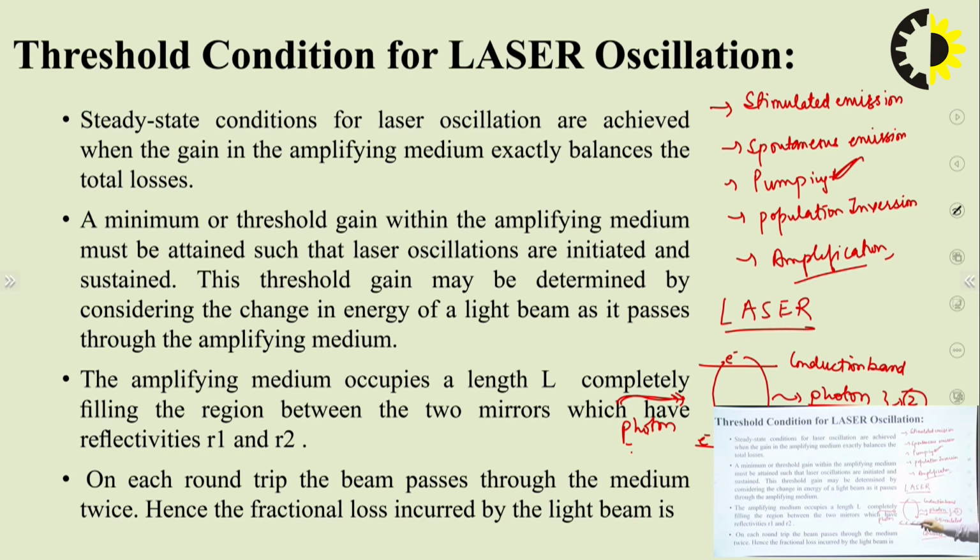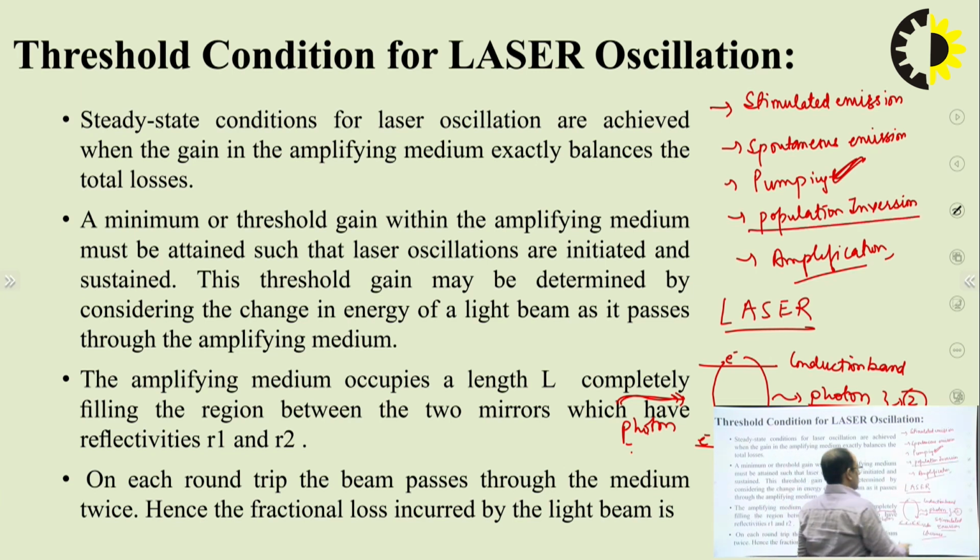For that we have to provide energy, and that is known as pumping. When the number of electrons in the conduction band gets more than in the valence band, this process is known as population inversion.